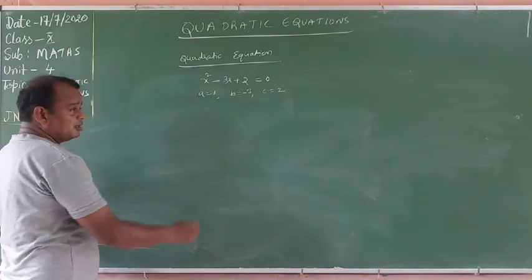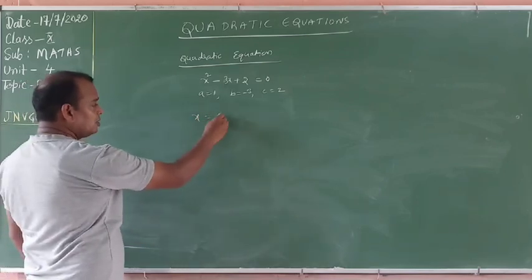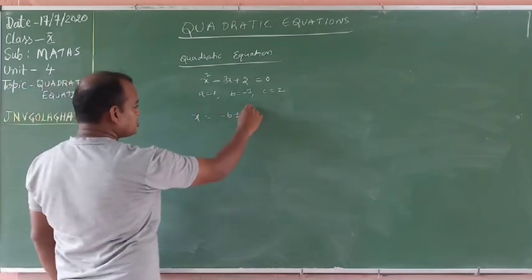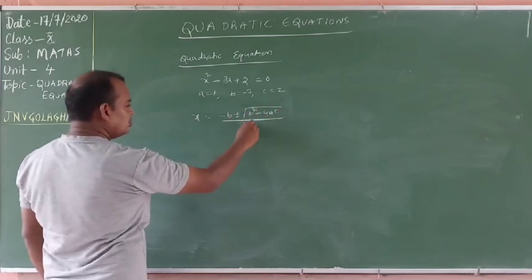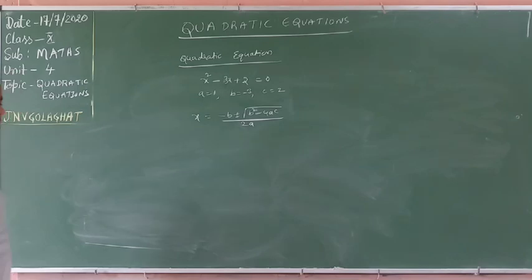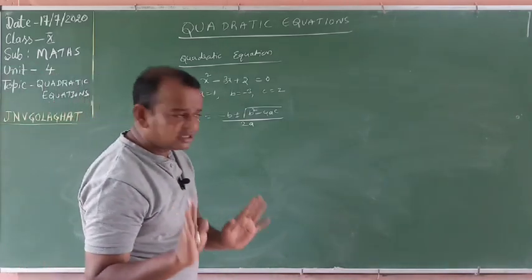Now what is the formula? The roots are x is equal to minus b plus or minus root over b square minus 4ac by 2a. Write the formula, 100% write the formula.